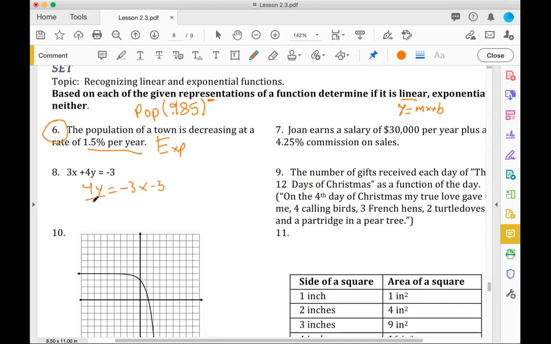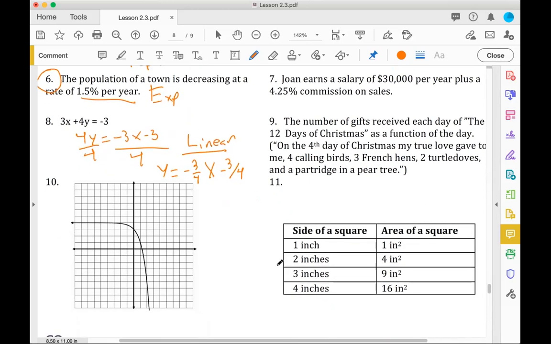If you divide everything by 4, you'd say that y equals negative 3/4 x minus 3/4, and boom, now it's linear. And it's cool with these. Just being able to write down what it is is fine, but being able to show why, I think, is even stronger.